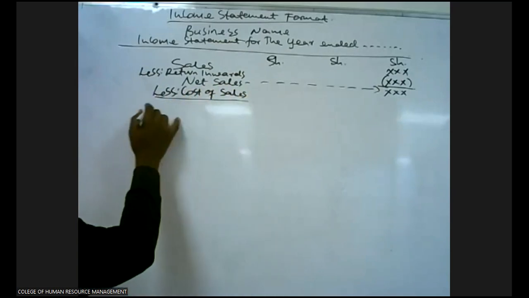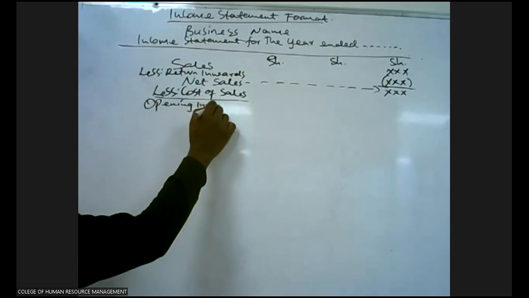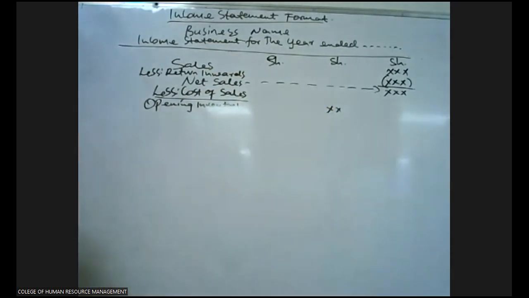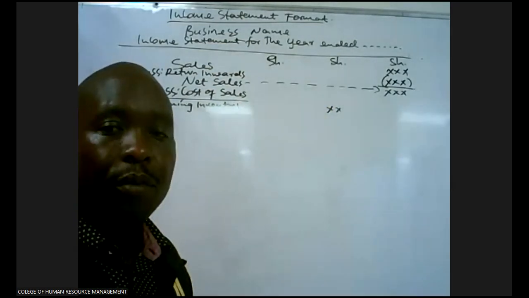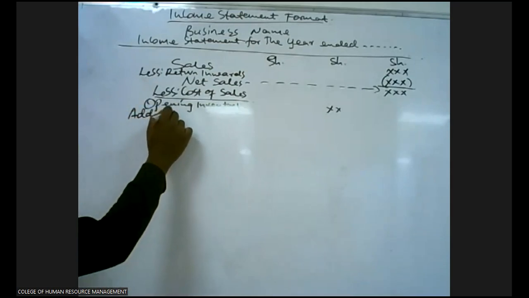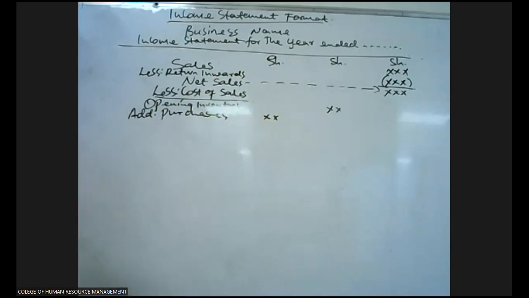The cost of sales comprises, as I told you, the opening inventory, the opening stock, and the purchases. Purchases have some adjustments to be made on them.